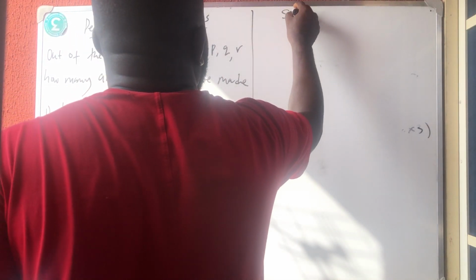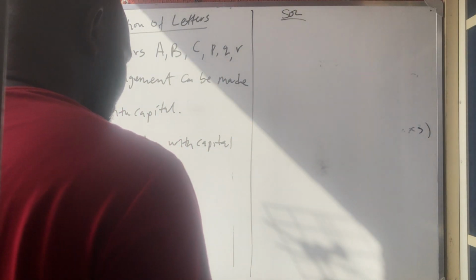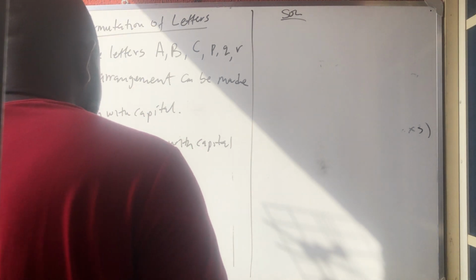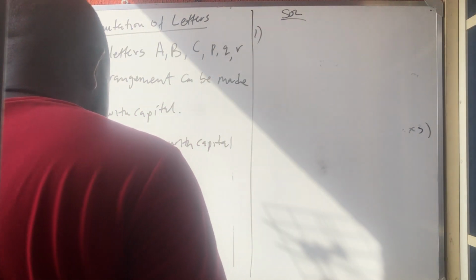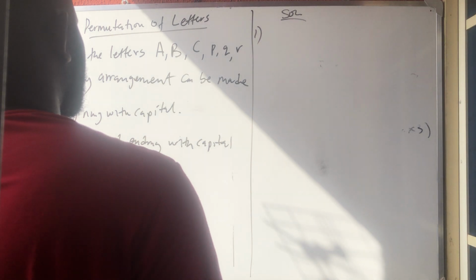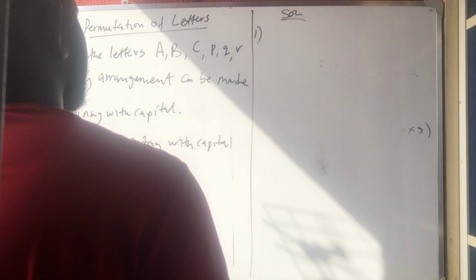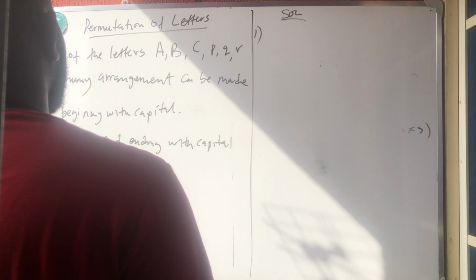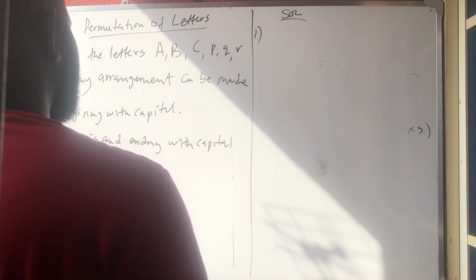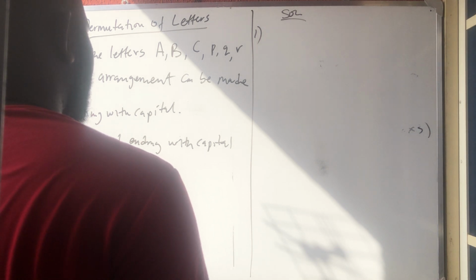Solution. Okay, for the first one, they say that we are to begin with a capital letter. Out of these letters, how many arrangements can be made beginning with a capital letter?